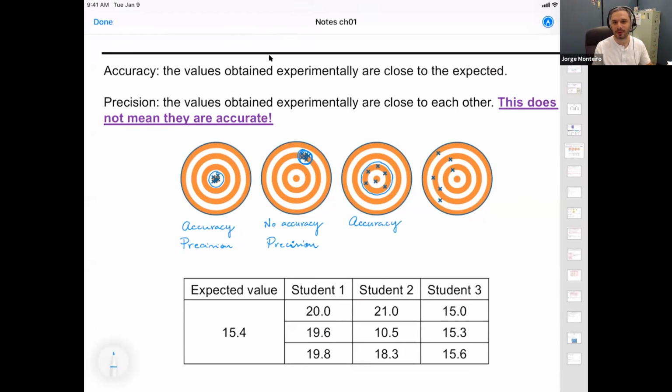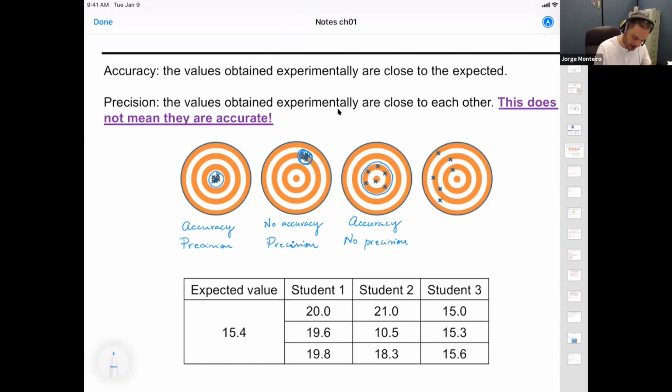However, all the darts are kind of scattered, so they are not close to each other. So therefore, there is no precision. Okay, see the difference between accuracy and precision. Sometimes we think they are the same, but they are completely different concepts.